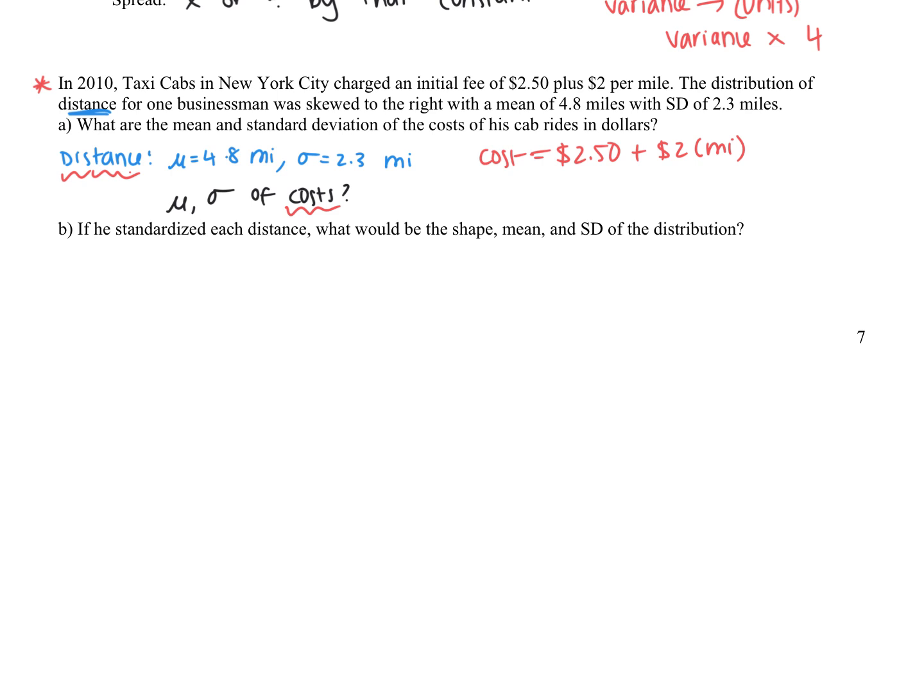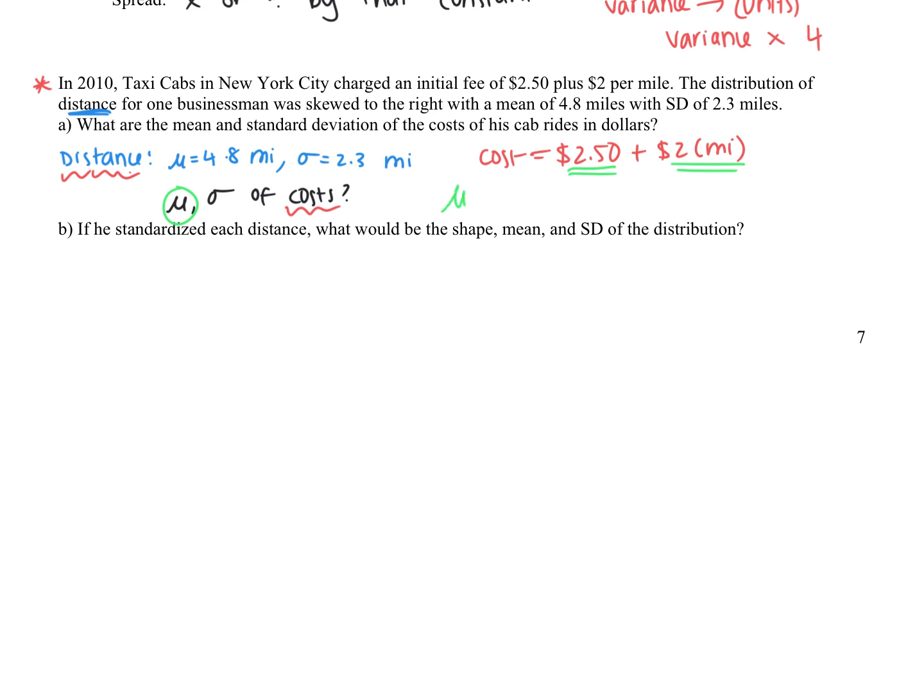Okay, so if we want the mean and standard deviation, what we should be asking ourselves is, for the mean of the cost, if I multiply every observation by 2, does it change the average? Yes, of course it does. If I add $2.50 to every observation, does that change the average? Yes, it does.